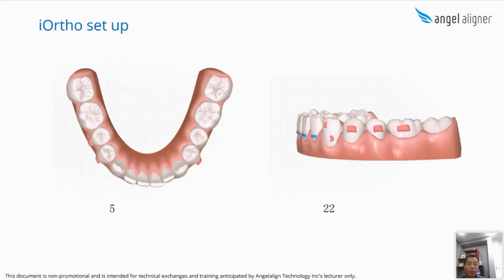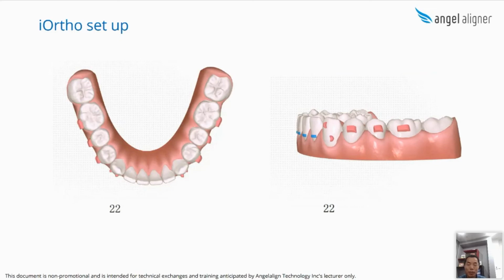You may find that this tooth rotates faster than Eurostaging. We have a feature called fast track or fast movement channel. When the tooth rotation is more than 35 degrees, this fast movement channel feature will be activated.